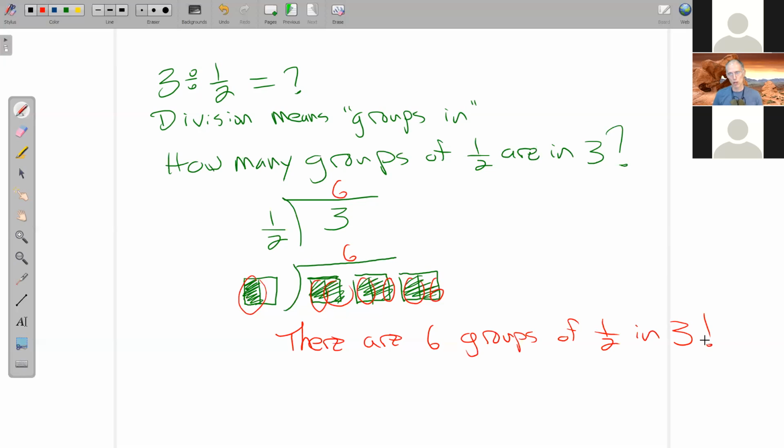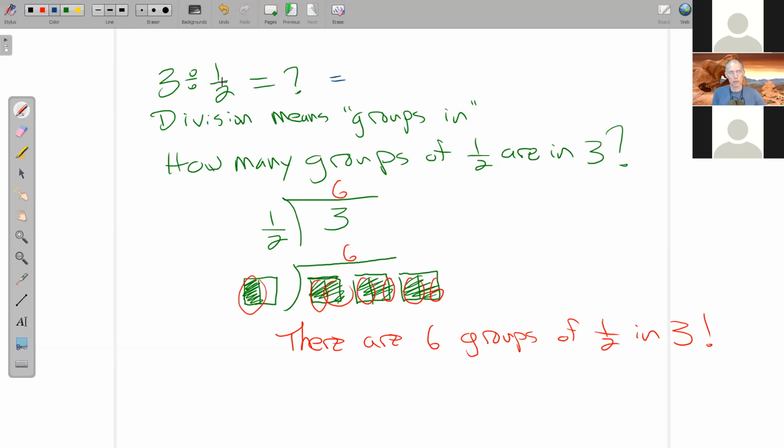And so those were the 2 models, repeated subtraction, which is really a lot like the groups in. The groups in is just kind of like a physical version of the repeated subtraction. And thinking about that reciprocal thing again, you can see it in this picture right here.